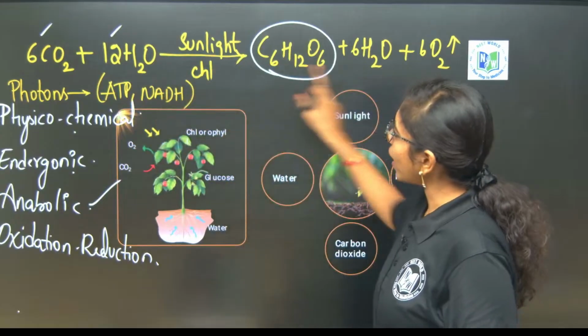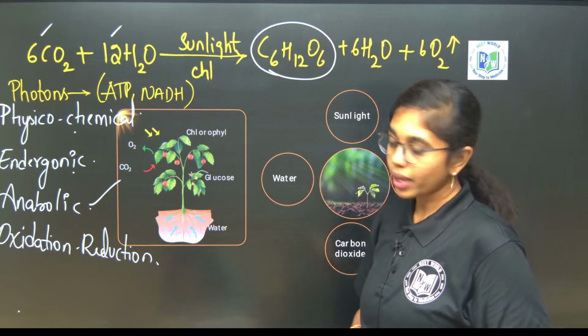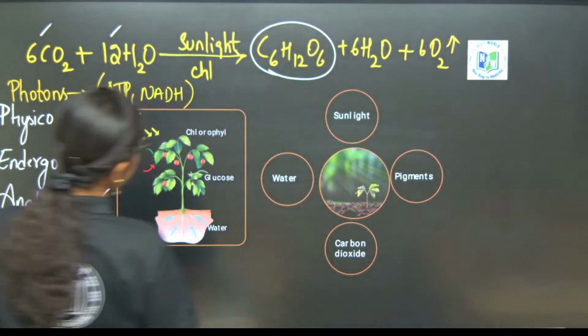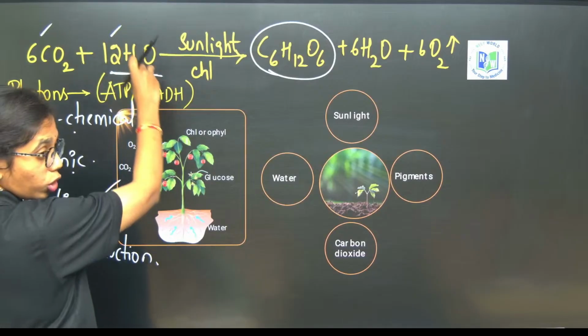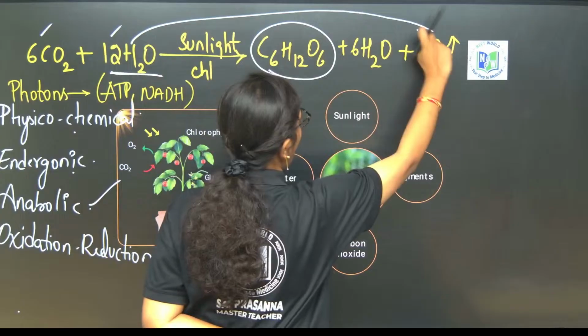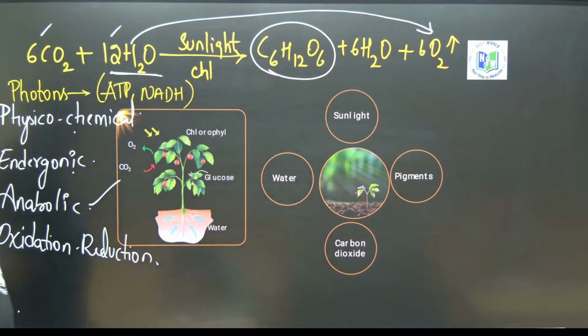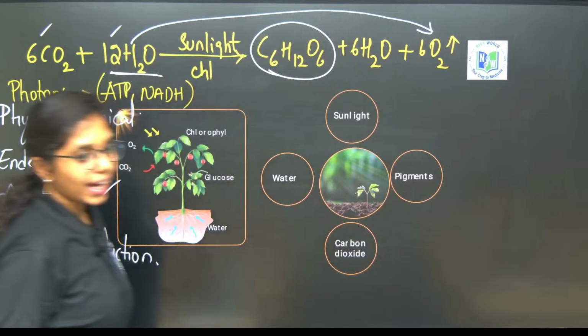And here in this one reaction, both oxidation and reduction are taking place. Okay, oxidation, here you can see the water molecule, where protons are being removed from this. Water molecule is converted to oxygen. This is oxidation, right? Removal of hydrogen or addition of oxygen is called oxidation process. So the water molecule is getting oxidized over here.